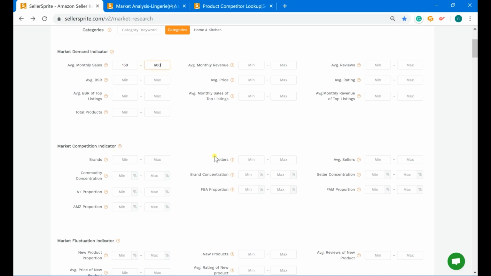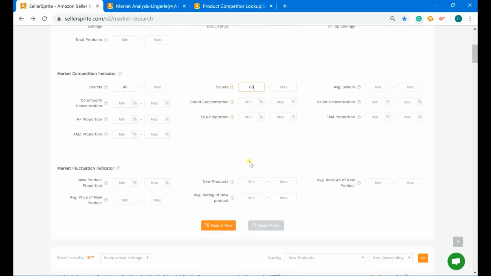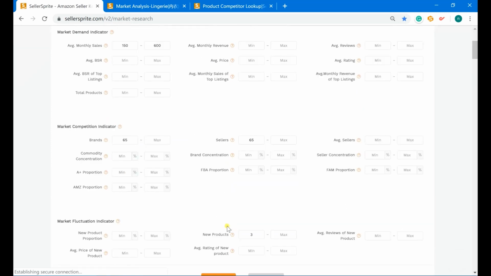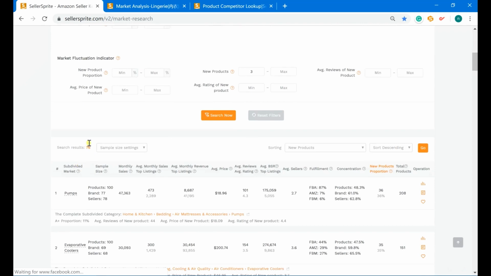So I prefer the market with quite a number of brands and sellers. Additionally, I also hope that the market could have more new products. So 3 at least here. After filling out, click Search Now. 76 markets were left.